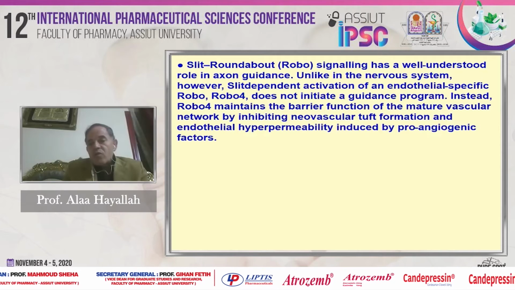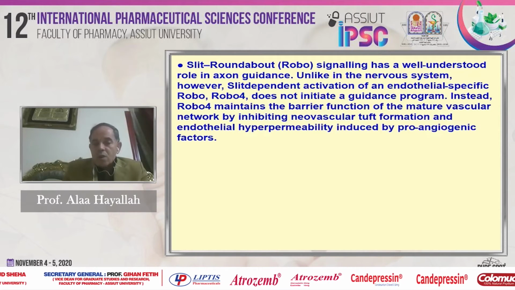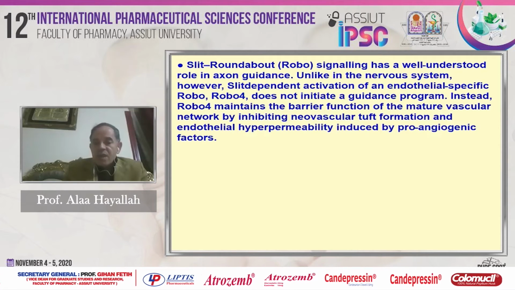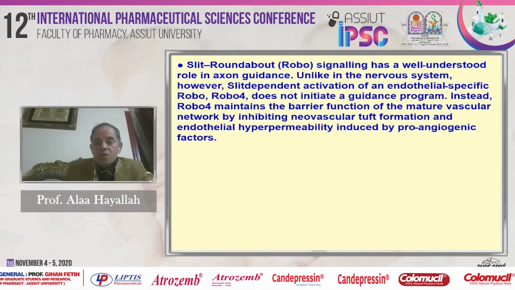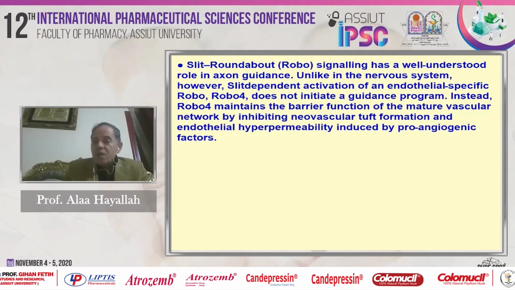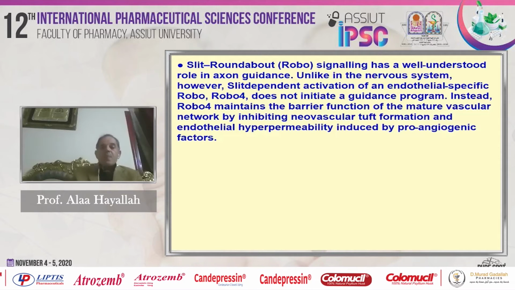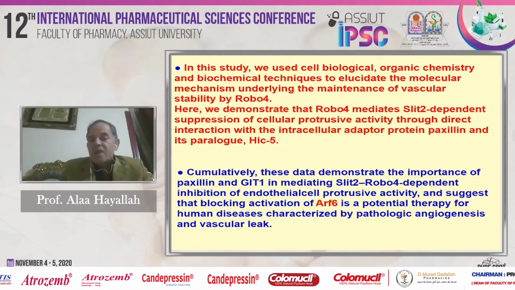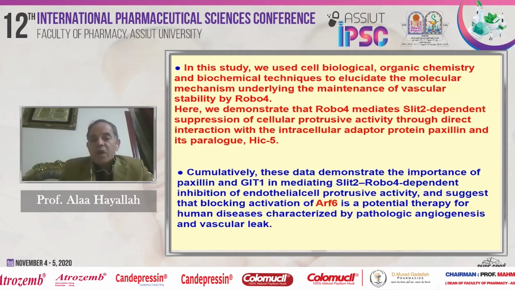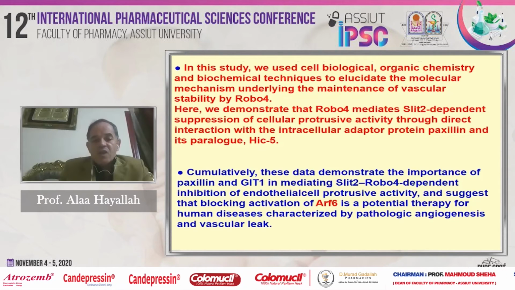Instead, ROBO4 maintains the barrier function of the mature vascular network by inhibiting new vascular tuft formation and endothelial hyperpermeability induced by pro-angiogenic factors. In the study, we used cell biology, organic chemistry, and biochemical techniques to elucidate the molecular mechanism underlying the maintenance of vascular stability by ROBO4.